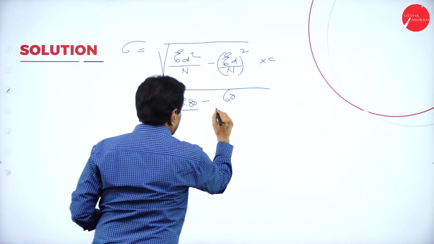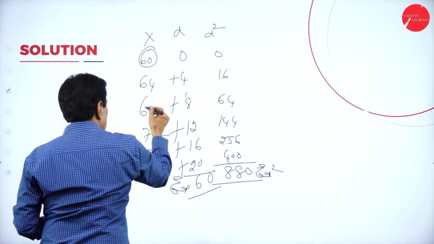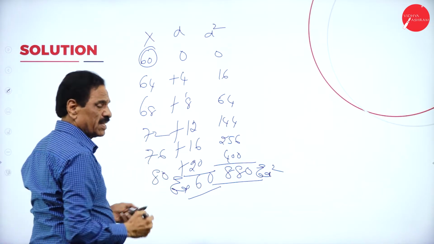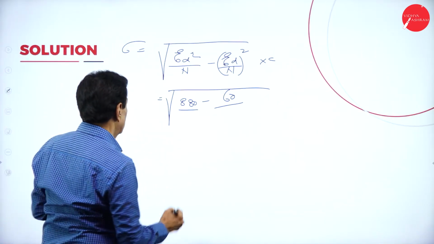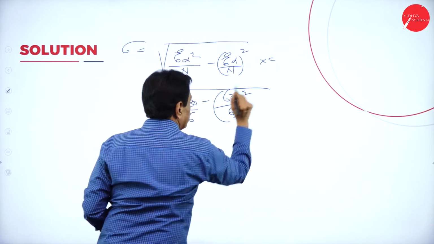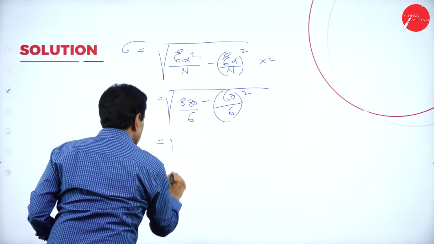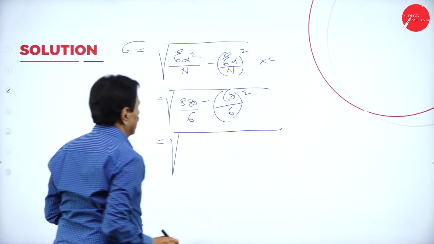What is the number of terms? How many terms are there? 1, 2, 3, 4, 5, 6 terms are there. 6 whole square. 880 divided by 6, root of that. I will repeat.